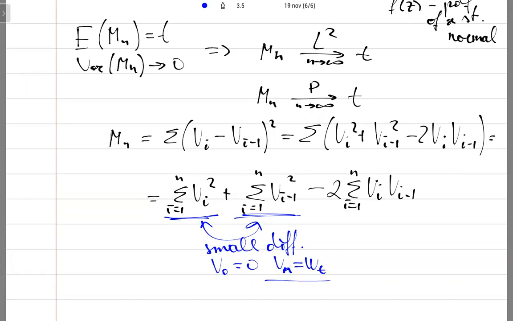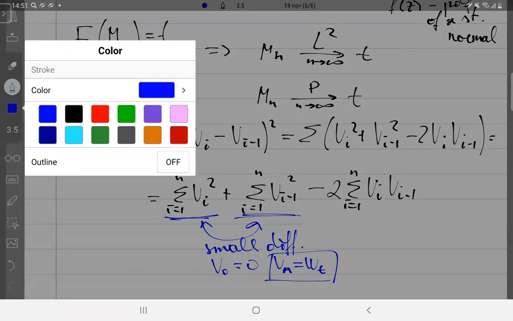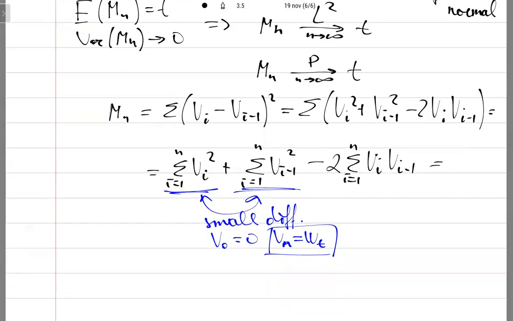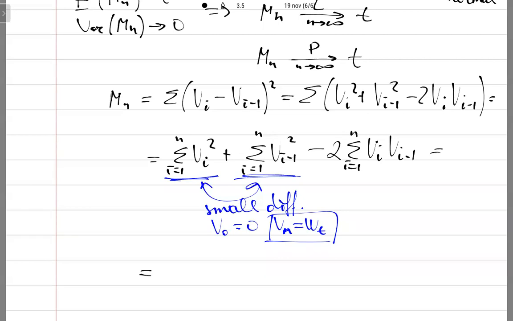Okay, so the only difference is the terminal term. So I may just multiply the first one by 2, and should I subtract or add the WT squared? Subtract or add?